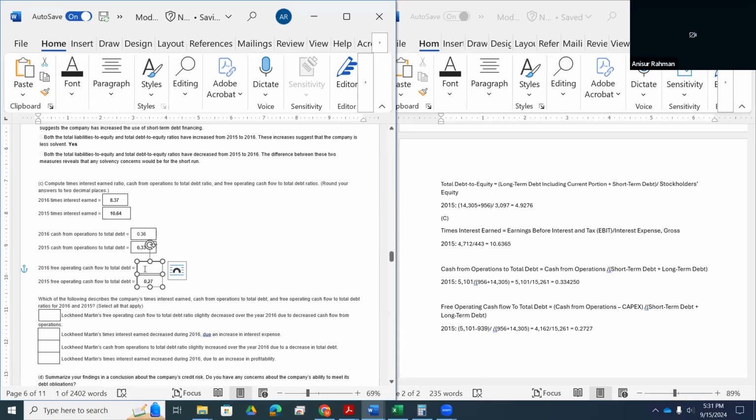Following the same process for 2016, you should get 0.29.